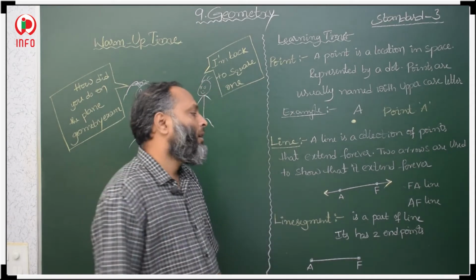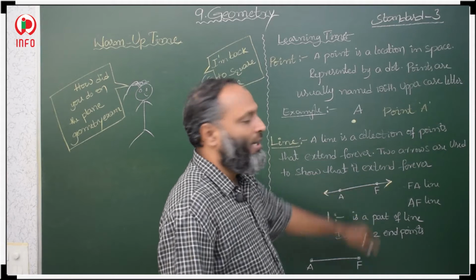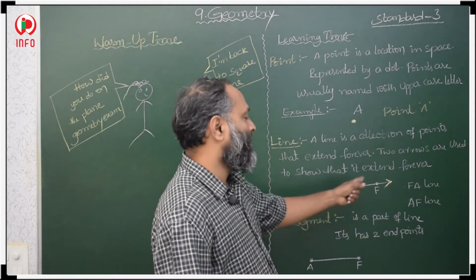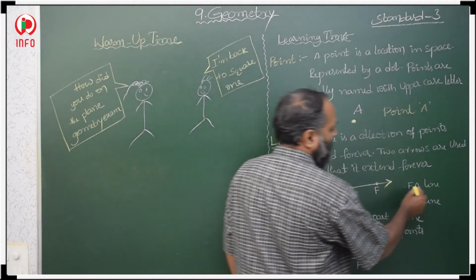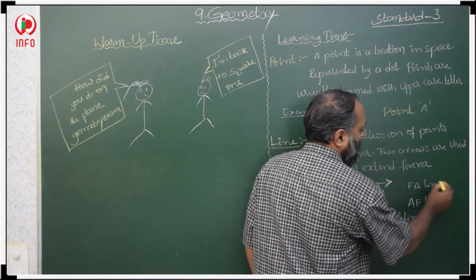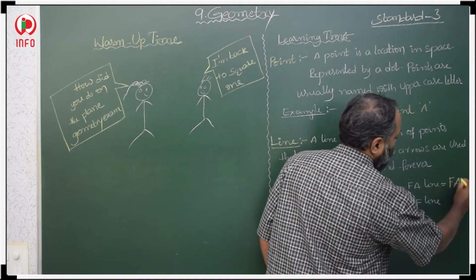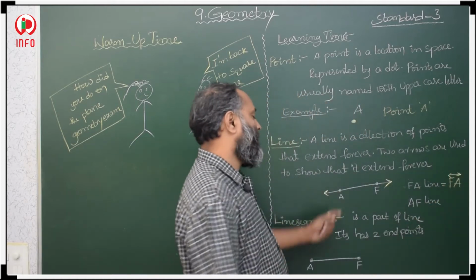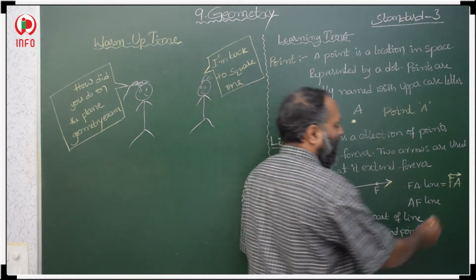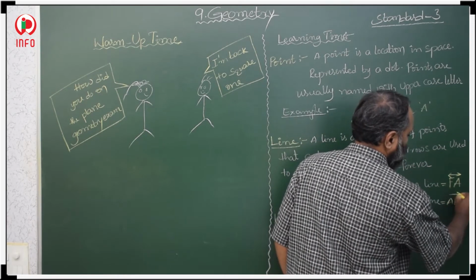Then how do we represent this? Here point A is there and here point F is there. Two points are there on the line. Then how to represent this line? AF line, or otherwise FA line. First AF or FA, AF line or FA line, both are the same.